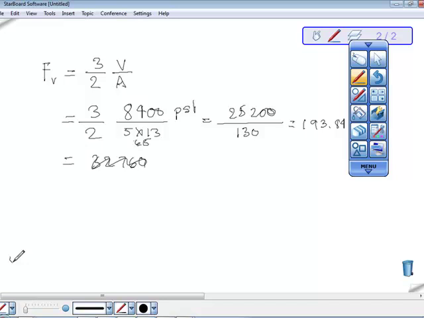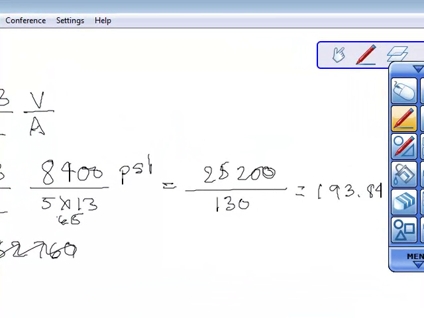The allowable shear stress is 175. You would check that with the load or the beam diagram, which we don't have. That's how they figured that out. But we figured out our F sub V, and then we check it against the diagram, and it should be okay. That's the actual shearing stress, right?